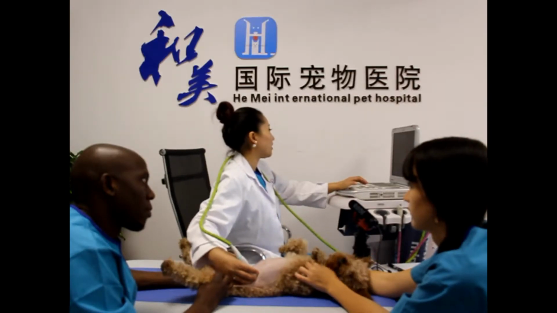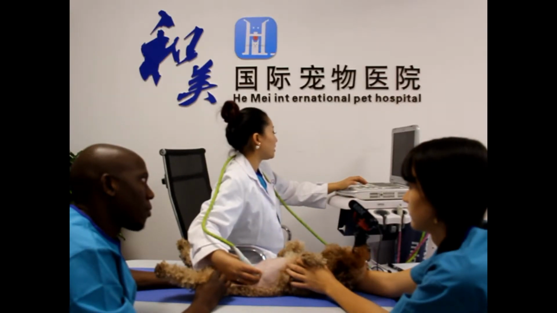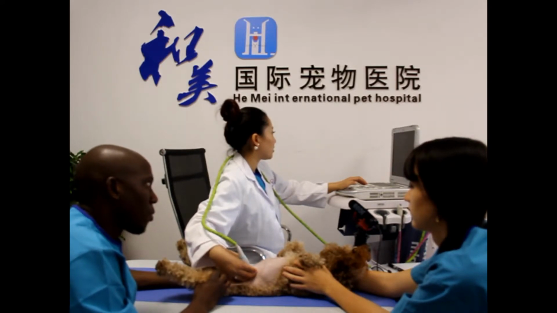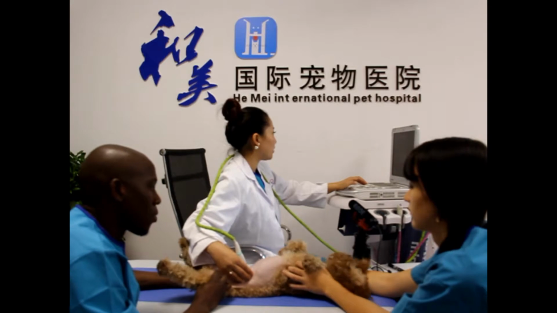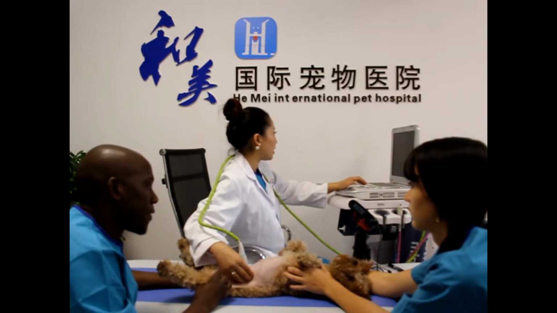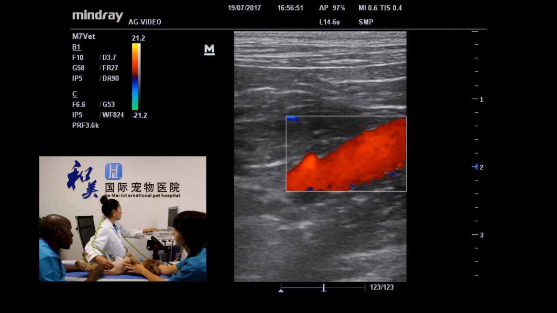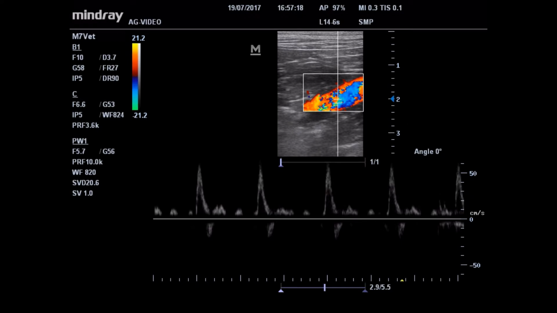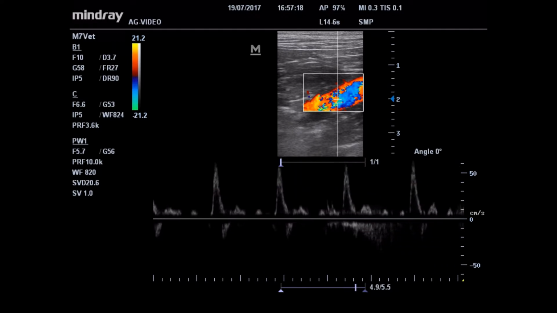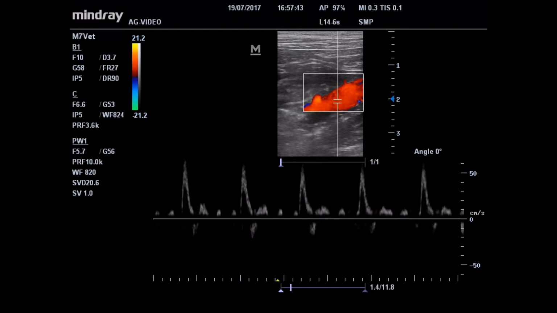After I find the left kidney, I move my probe a little bit toward the center of the body and try to find the aorta. I find the aorta, and then I turn the color Doppler on, and also the PW, to see the blood flow of the aorta.